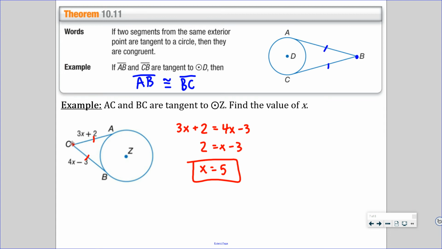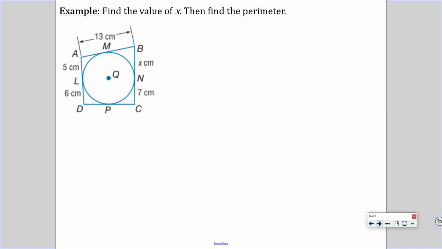All right, last problem. This one first says find the value of x, and then we're going to find the perimeter they're talking about of the outside, not the inscribed circle. Okay, I want you guys to try this. I'm just going to give you like 30 seconds. See if you can figure out what x would be. X is right here.